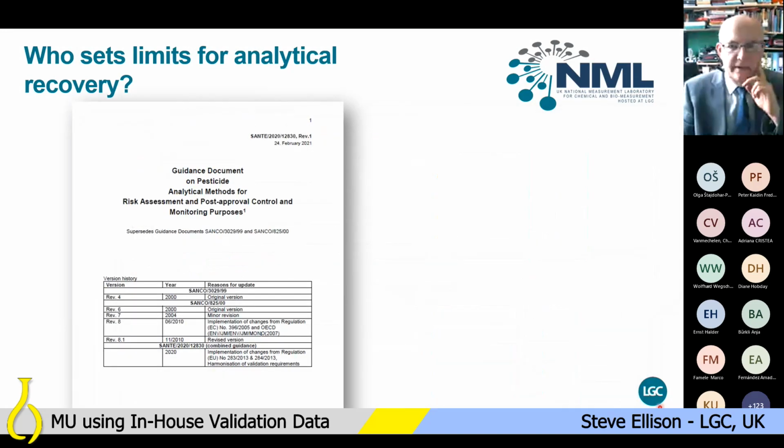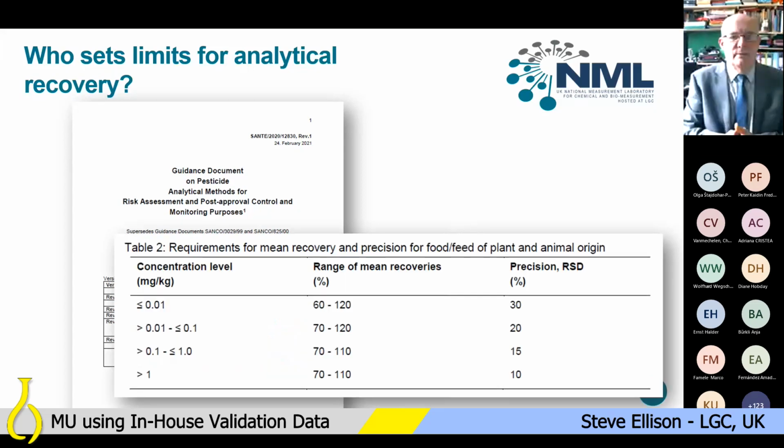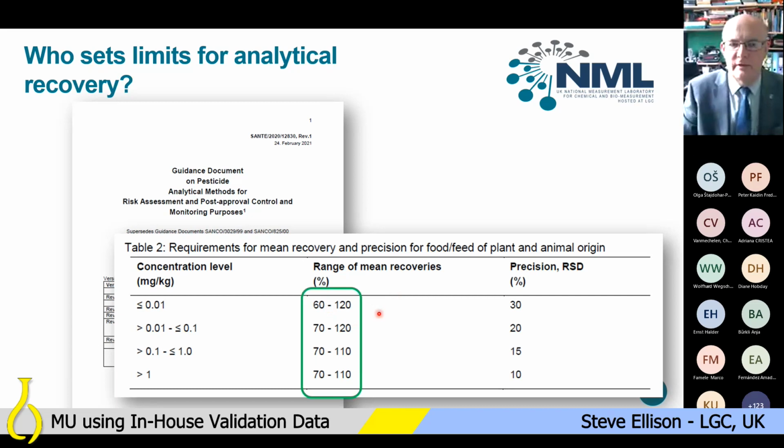Another very commonly cited example is the European series of guidance and regulations for pesticides. Same kind of picture here. We have a list of requirements for mean recovery. This particular one is couched in terms of recovery rather than bias. The only particular feature about this one is that these are asymmetric, but we've still got a list of permitted recoveries.